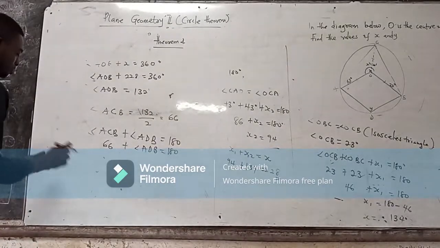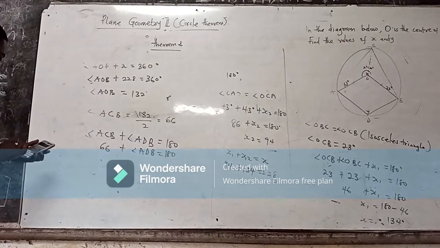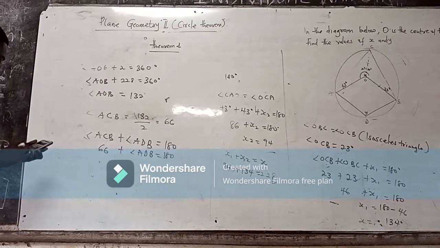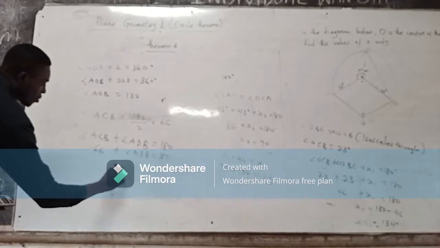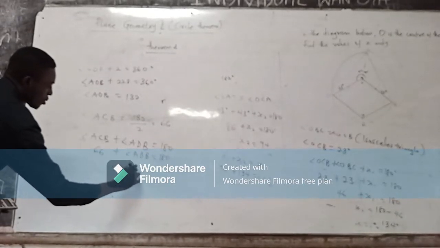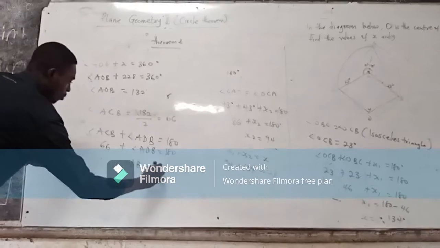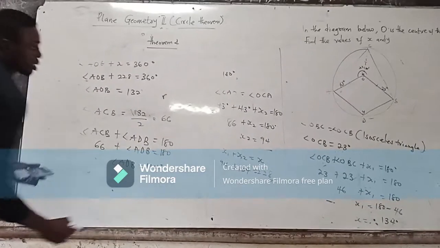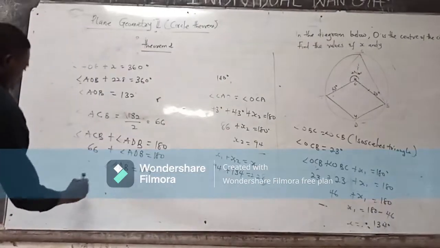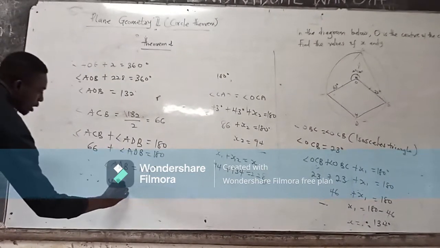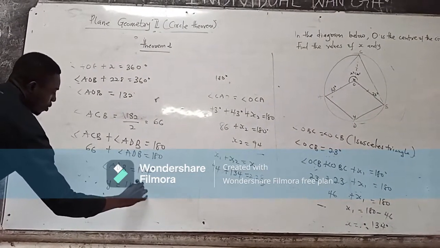Okay, group items, 180 minus 66, we get what? So this place, we are going to get 114 degrees. So this place will be 114. Just take that. Therefore, y is equal to 114 degrees.